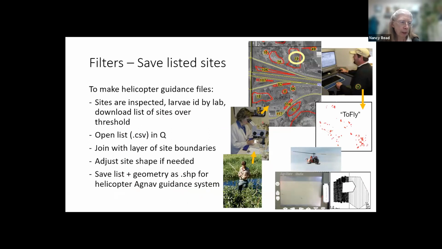So for that process, we had to download a CSV, open that in Q, join it with the geometry, people adjust the site shape if needed, and then save that whole thing as a shapefile for the AgNav guidance system in helicopters. And the good news was that people, once they got this figured out, this actually took fewer steps than it did in MapInfo because it was easier to save the shapefiles in Q.